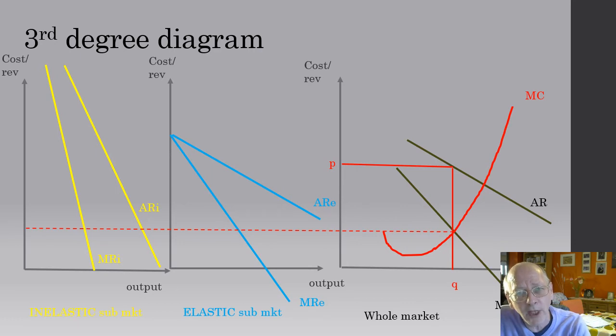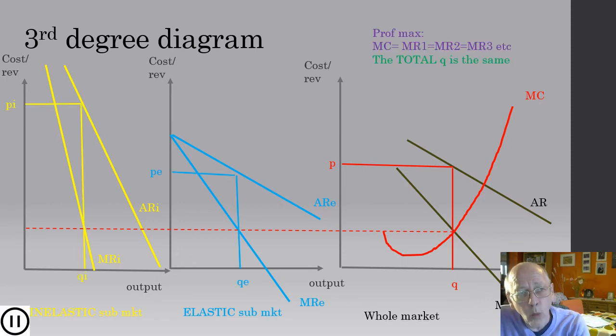But I'm going to chase that MC position back to the individual sub-markets. I'm just going to draw a horizontal line back to the individual sub-markets. And then within those sub-markets, I'm still going to apply the MC equals MR condition, but I'm going to apply it to each individual sub-market.